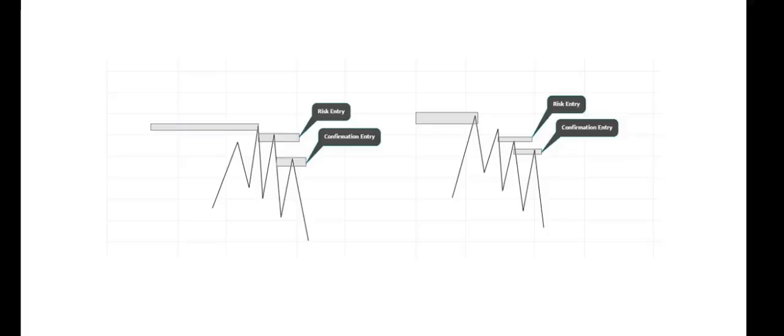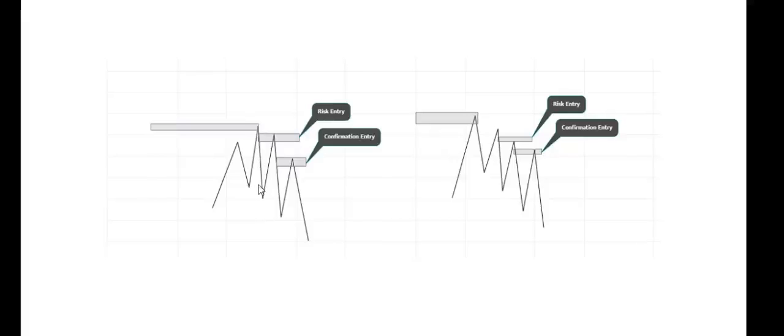Now take a look at this first pattern. Okay, price went up and tapped into some form of point of interest. All right, and then rotated back down, okay, to take out this previous low here.